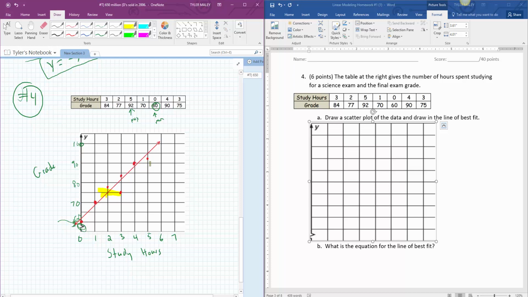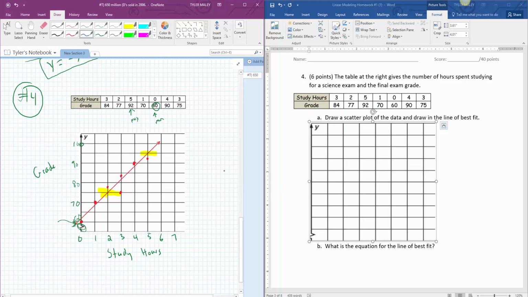So I'd probably use this point and this point to create my equation of a line. The reason why I chose these two specific points is there's no guessing involved for what their x and y values are. They appear to be exactly on where our tick marks are.